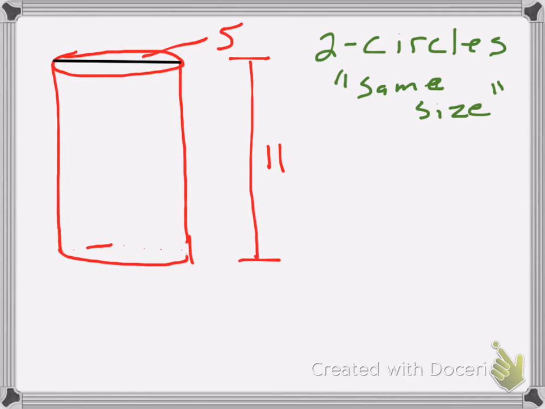Just like painting a house: if we want to know how much paint is needed to paint a room, the four walls, it would be easy to find the area of each wall. When you add all four walls together to see how much total paint you need, that's surface area. You're just excluding the floor and the ceiling.